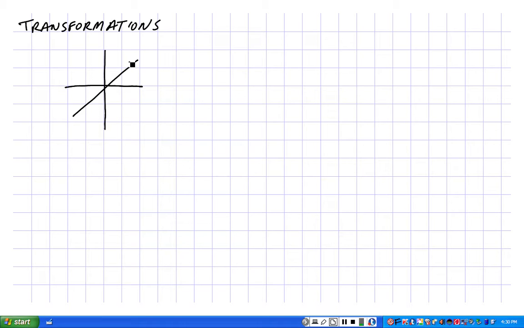One of the parent functions is f of x equals x. This would be a graph of that parent function. Another parent function, this would be an example of the parent function f of x equals x squared.